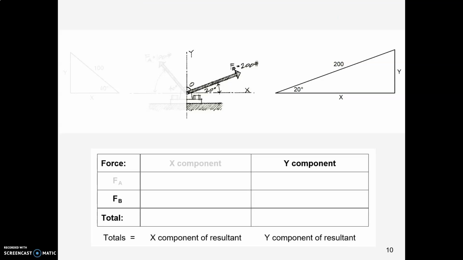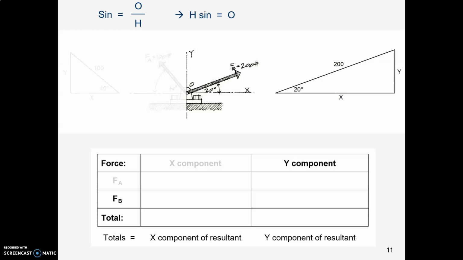Now we'll do the y component of that force. 200 is the hypotenuse of our triangle. The y component is the side opposite the 20-degree angle, so we are looking for good old sine again. Sine is opposite over hypotenuse.